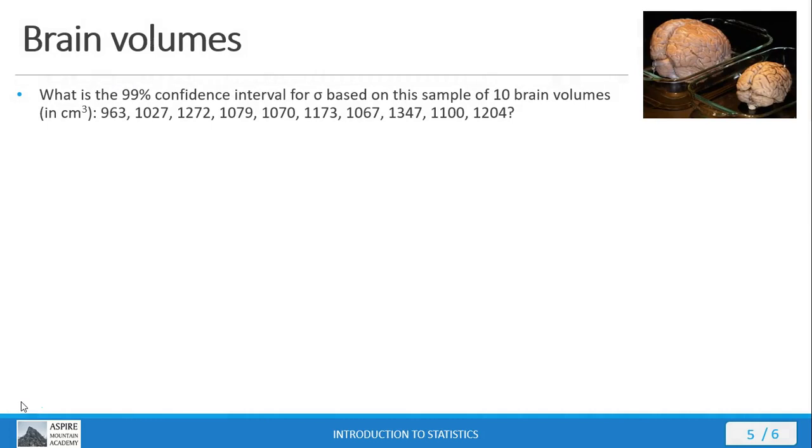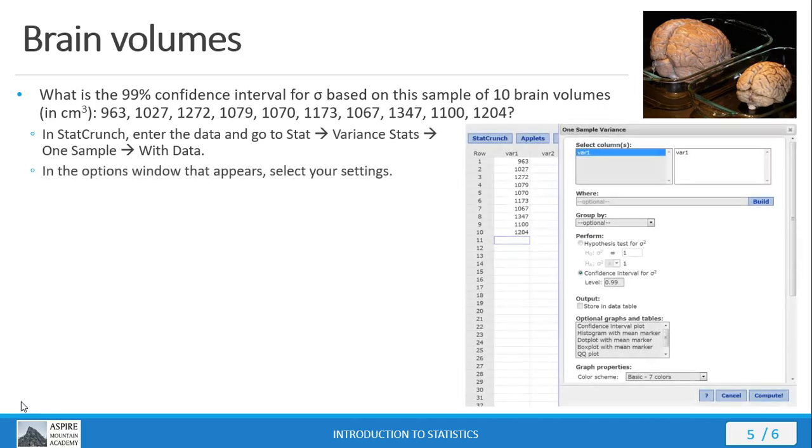Very quickly, let's look at one last example problem, going back to our brain volume example. So here we've got data for brain volumes, and we were looking for a 99% confidence interval on the population standard deviation. So back in StatCrunch, Stat, Variance Stats, one sample with data.